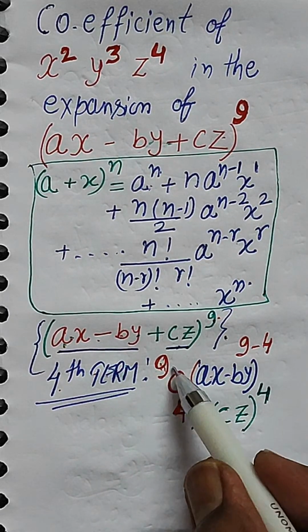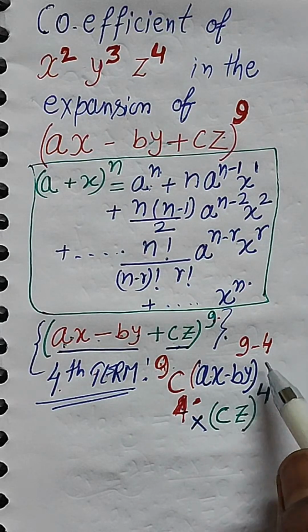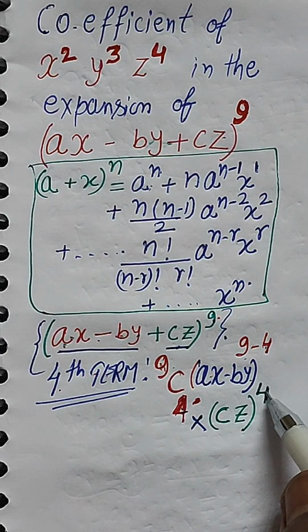Now, 9C4 (ax - by) power 9 minus 4 (cz) power 4.